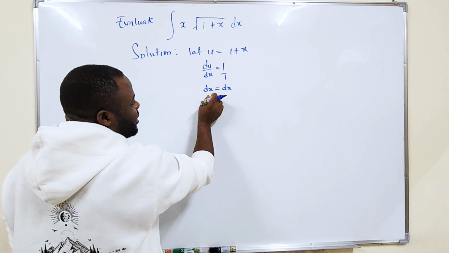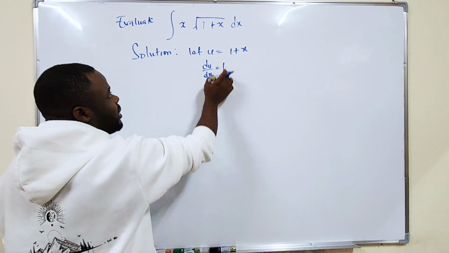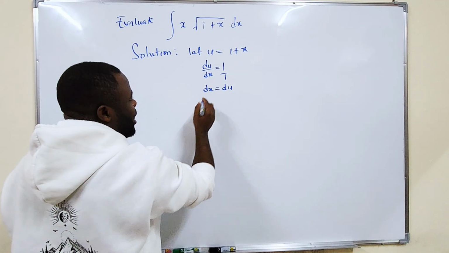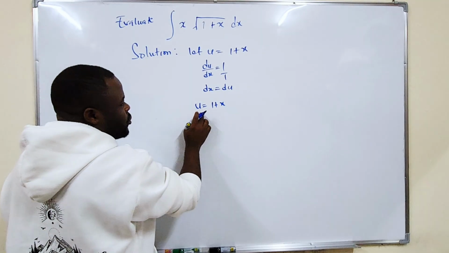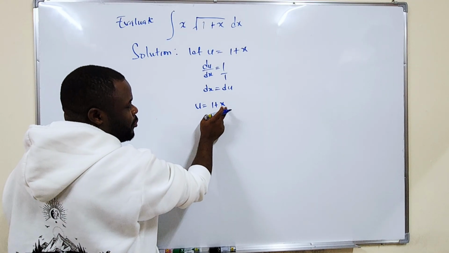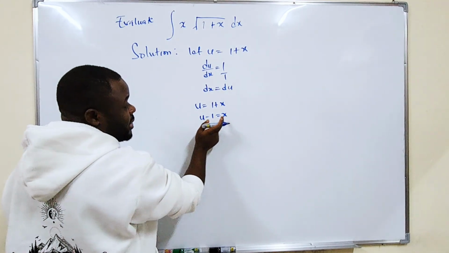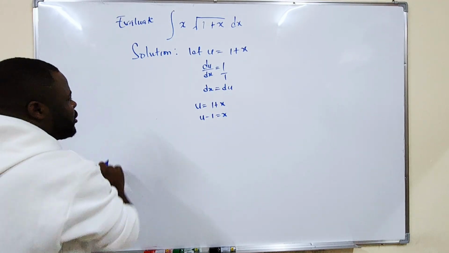So that is what is here. Can I represent du instead of dx? Okay. We also have x here. We can now say u equals 1 plus x, so we want to know what to use to substitute x. We now say u minus 1 equals x. So instead of writing x, I will now write u minus 1, and instead of dx, I'll write du.